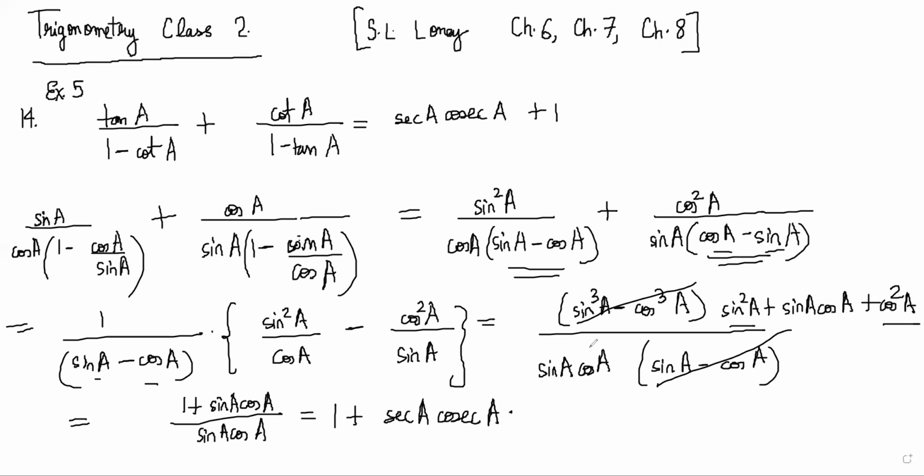Right? Yes, sir. So where did you get stuck? What did you do? I think my minus and plus signs were mixed up in the step before sine cube A minus cos cube A. If you did plus here, then it will be wrong, obviously. Then it will not come. You have to see that the factors here are not the same.